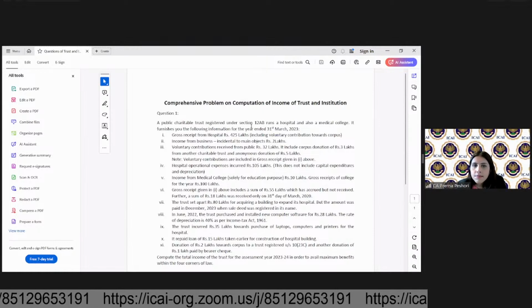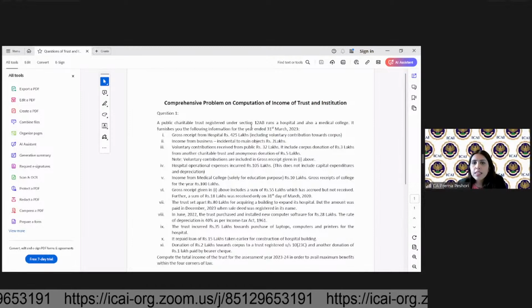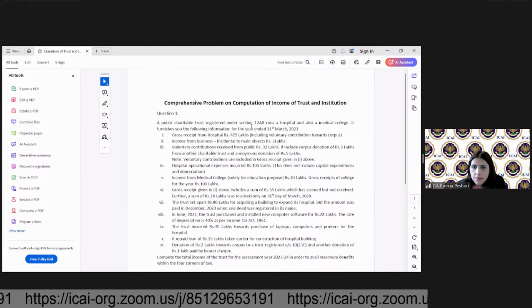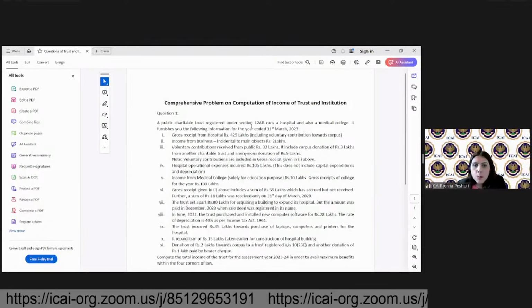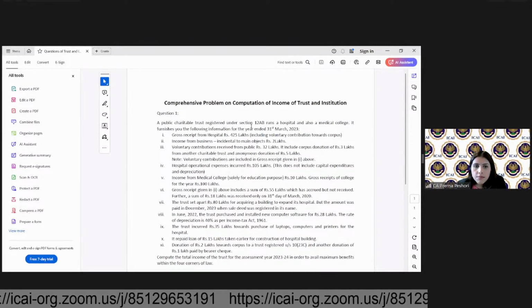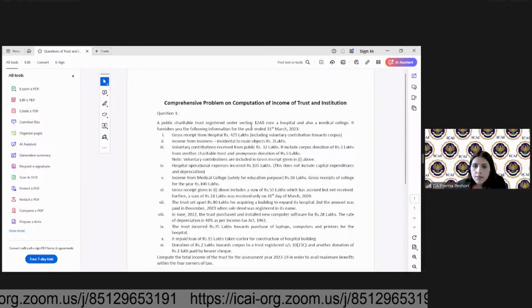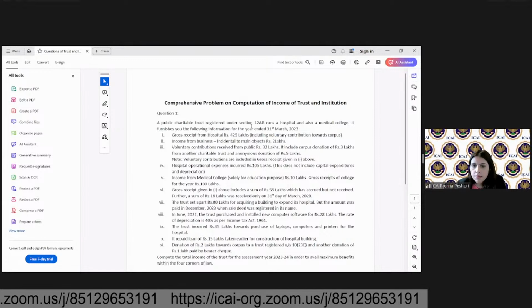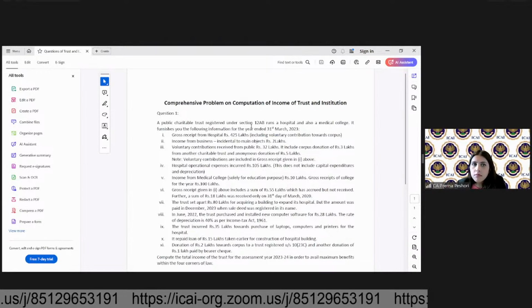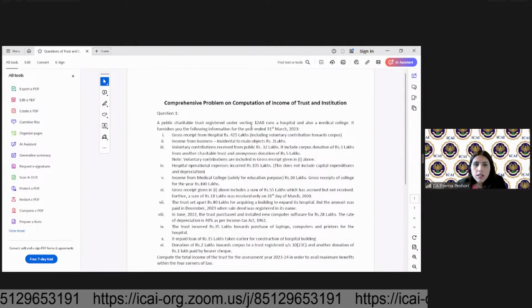Gross receipt from hospital, rupees 425 lakhs. This is a very simple one. I'm not getting the answers.